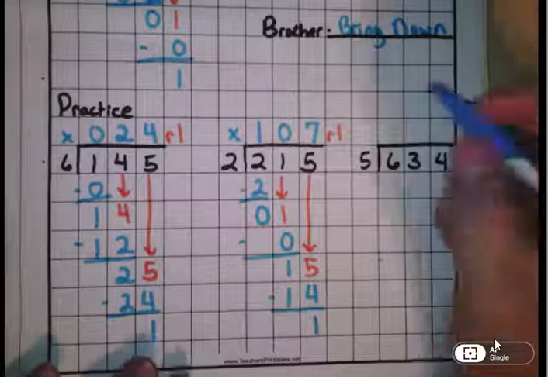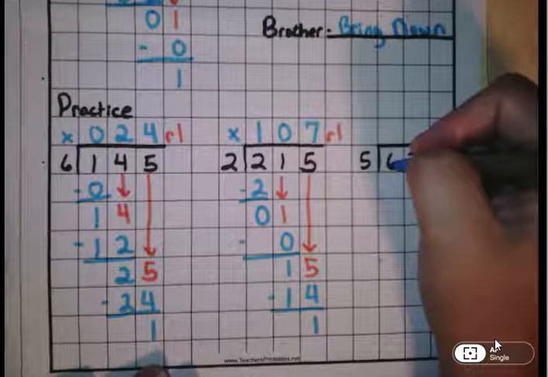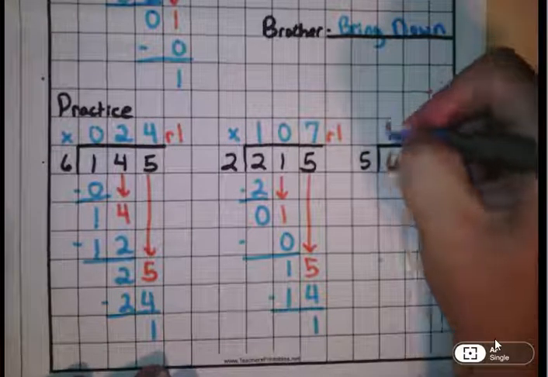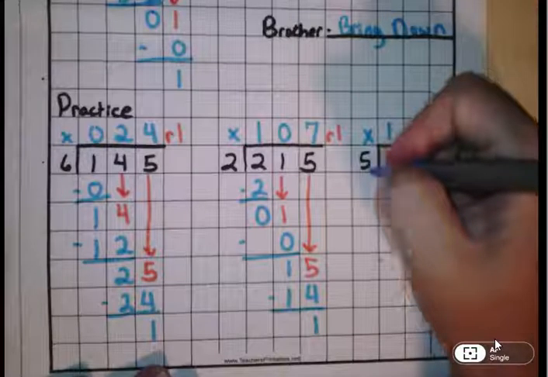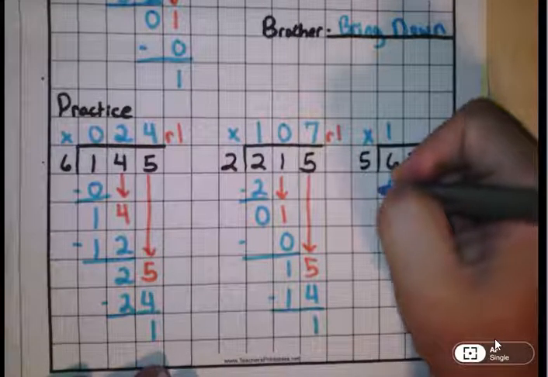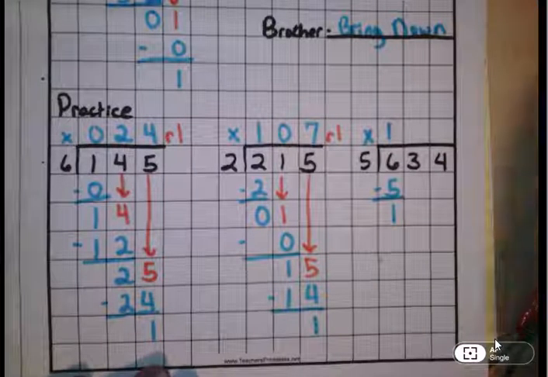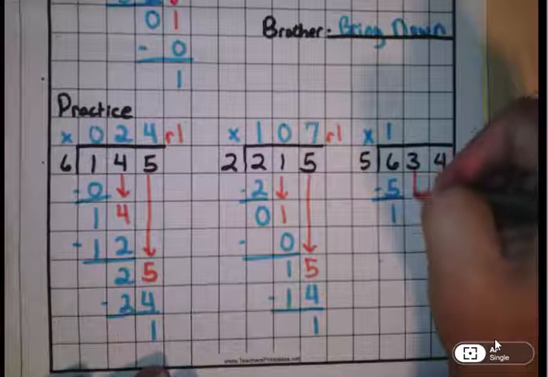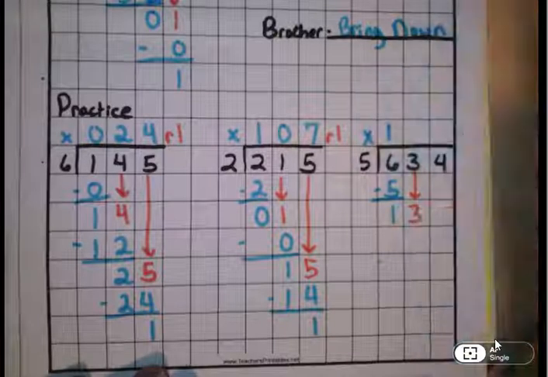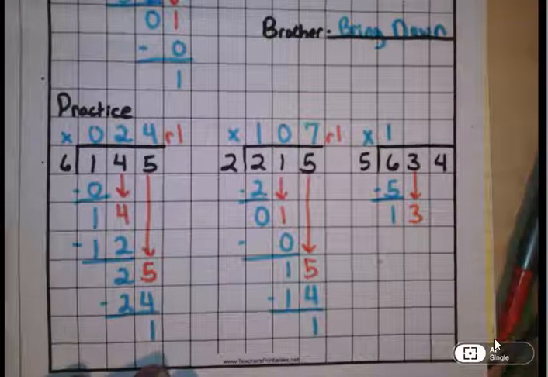Okay, 634 divided by 5. How many times does 5 go into 6? 1 time. 1 times 5 is 5. We subtract. 6 minus 5 is 1. And I'm going to bring down my 3. Okay, 5 into 13.